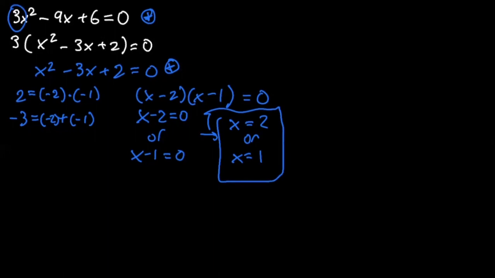Okay, let's take a look at two more examples. For the next one, we're going to be working with x squared plus 16x plus 59 equals 0. Okay, so here we have a leading coefficient of 1.